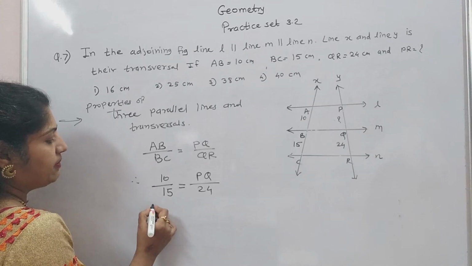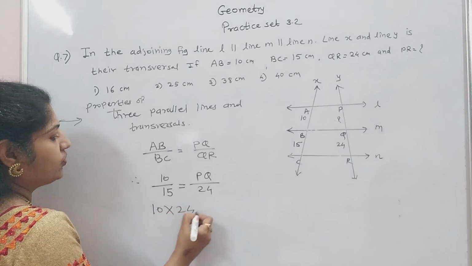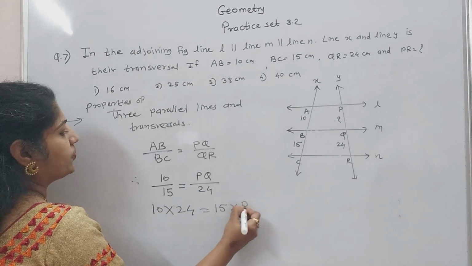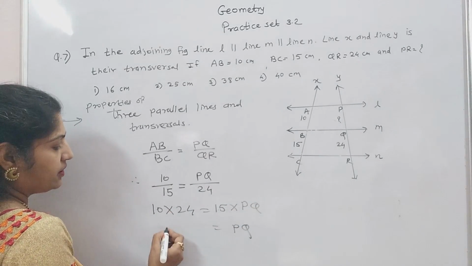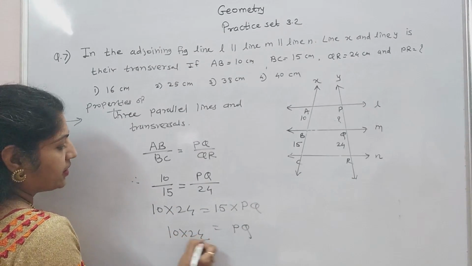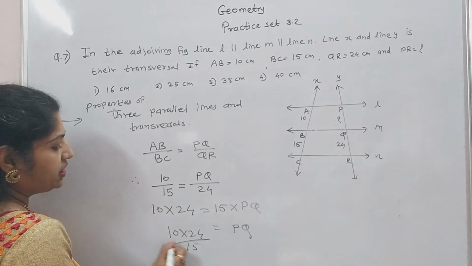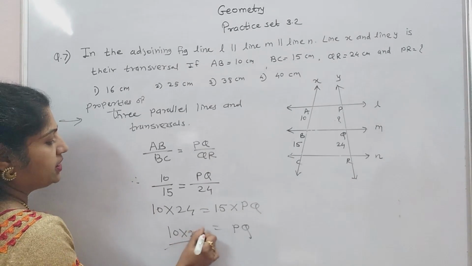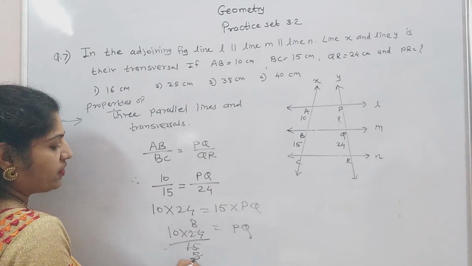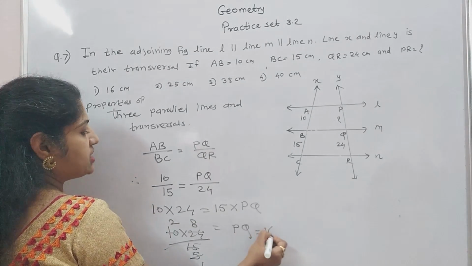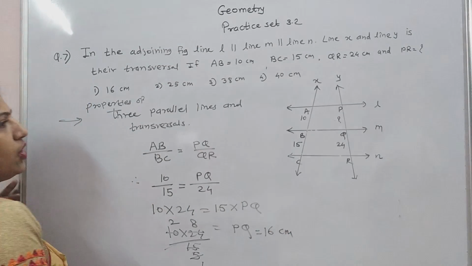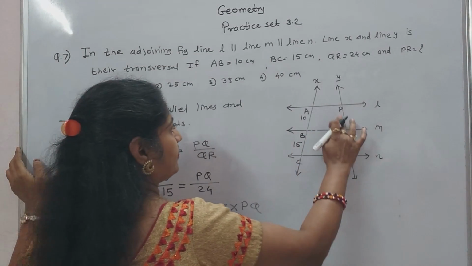By cross multiplication, 10 into 24 equals 15 into PQ. Now find the value of PQ. 3 5s are 15, 3 8s are 24, 5 1s are 5, 5 2s are 10, 8 2s are 16 centimeters. Now PQ is 16.